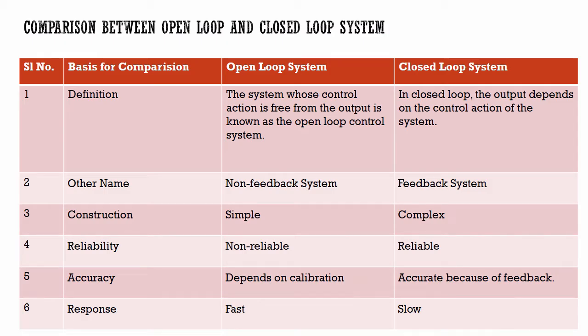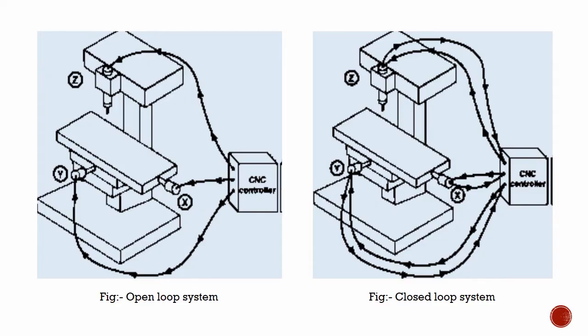You can see this in this particular diagram. In the open loop system, all the information is unidirectional, from the CNC controller to the tool and the work table. Whereas in the closed loop system, the information is bidirectional.